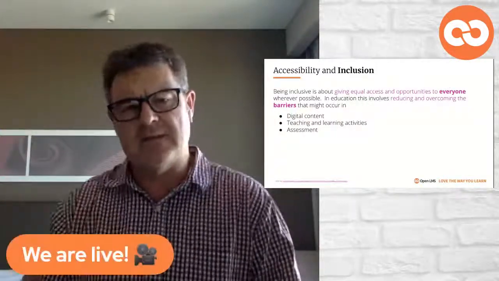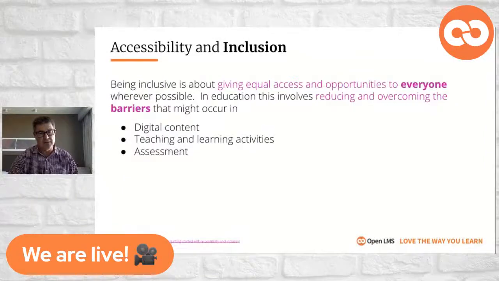So when we think about accessibility and inclusion, we need to think about how we give equal access and opportunities to everyone wherever possible. If we think for a moment about the education space, that's really about what we can do to reduce the barriers that might occur.